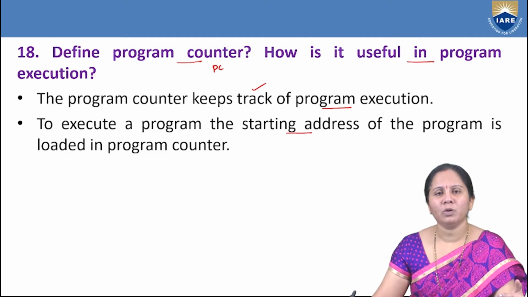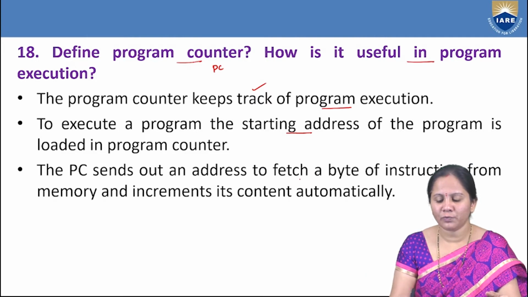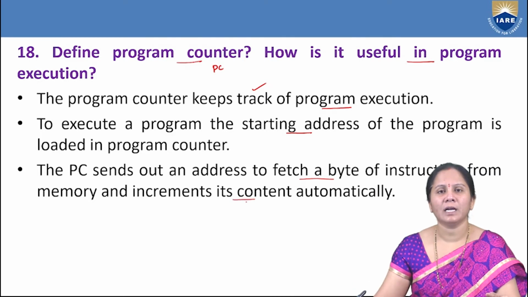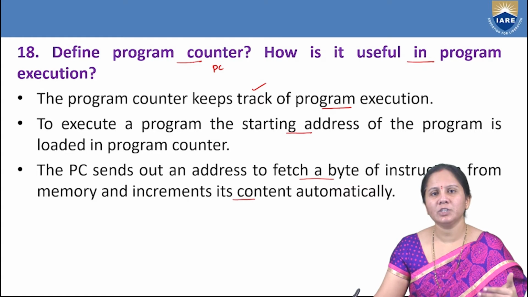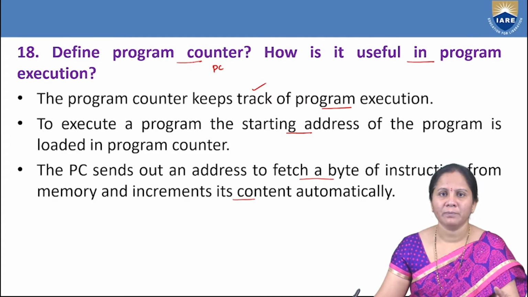The program counter holds the address of the next instruction that is going to be fetched. The PC sends out the address to fetch a byte of instruction from the memory and increments its contents automatically. After each instruction is executed, the program counter is incremented by 1 so that it holds the address of the next instruction.